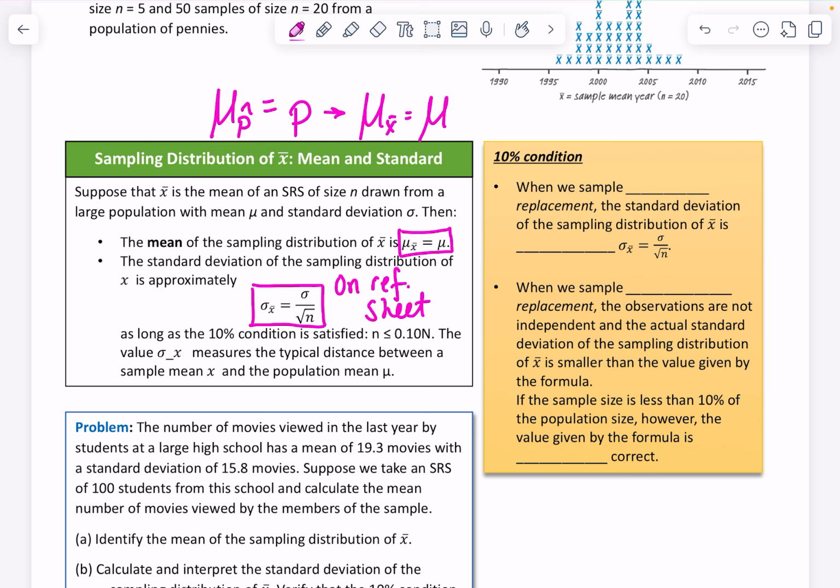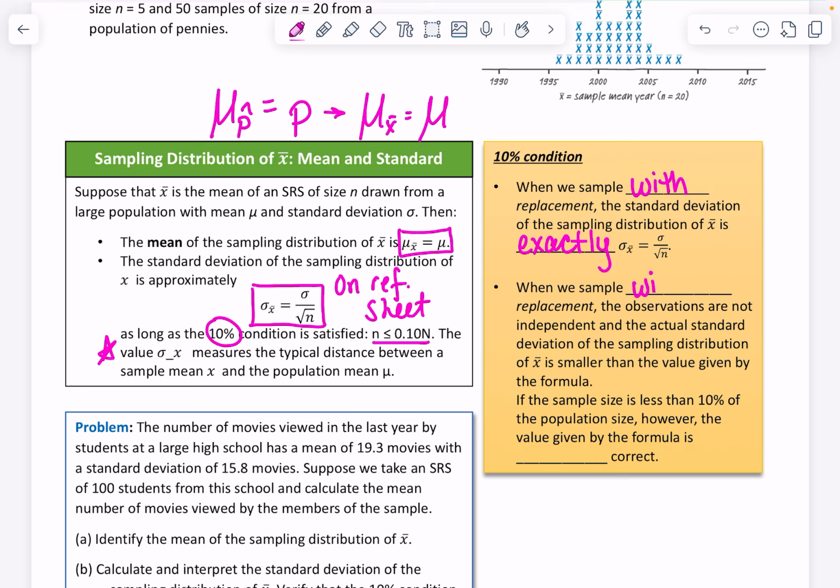Now, same thing as in p hat, we still have to check the 10% condition. We still have to check that our sample size is less than 10% of the population. The reason why: if we sample with replacement, that means things are independent, so our standard deviation is going to be exactly this formula.